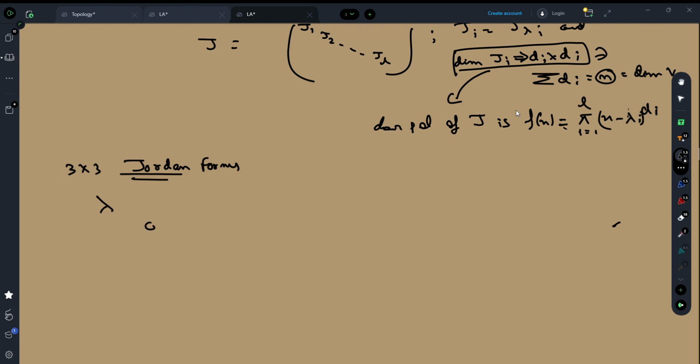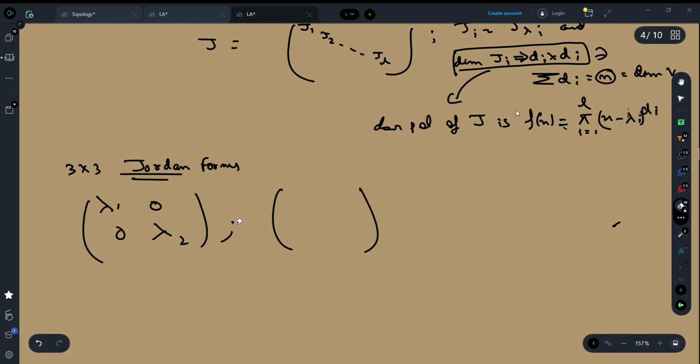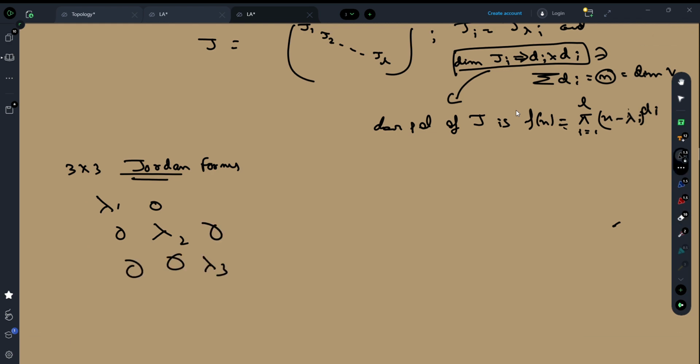So one is simply when it's a diagonal matrix, with lambda 1, lambda 2, lambda 3 on the diagonal and all other entries 0.